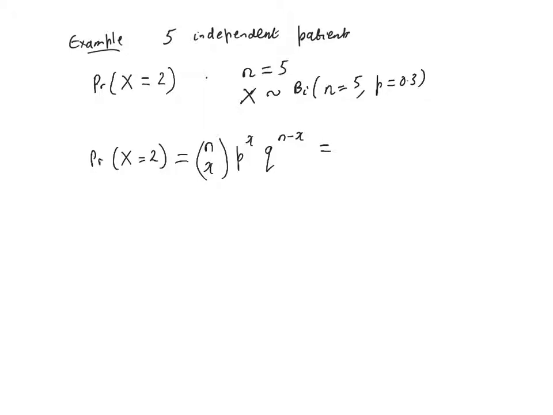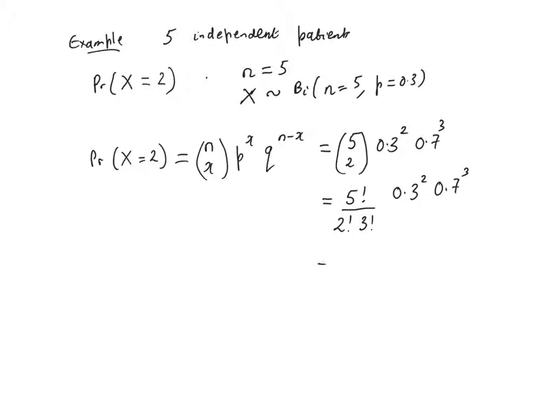That is, in this case, 5 choose 2, 0.3 squared, so you've got 2 successes, 0.7 cubed, 3 failures, and that can now be worked out as 5 factorial divided by 2 factorial times 3 factorial, times 0.3 squared times 0.7 cubed.